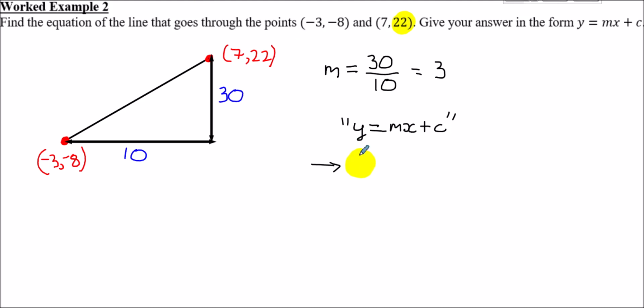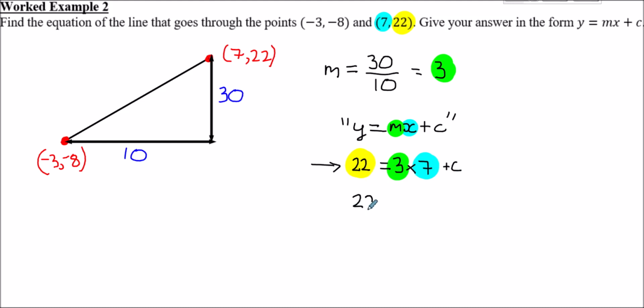So 22 equals m, which we worked out is 3. So we're saying here that m is 3, times a known x coordinate. Well, we knew x here was 7, so let's use 7, and then plus c.